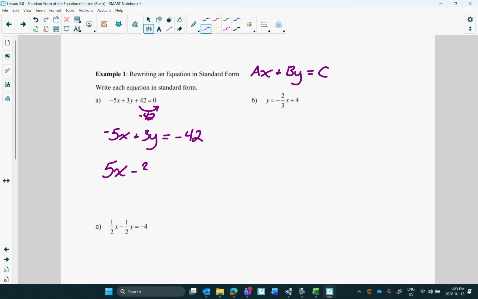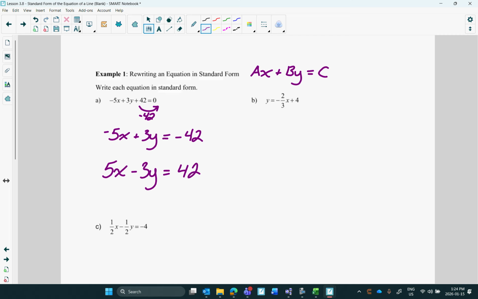This changes to negative. What does this change to? That's a very quick way to change from negative to positive. And that's the right form, because we've got some number x and then some number y equals some number.